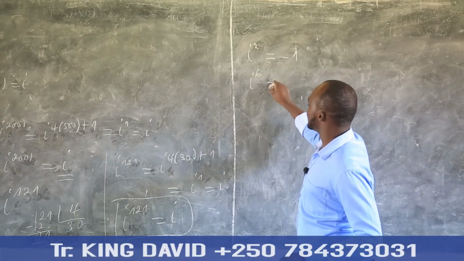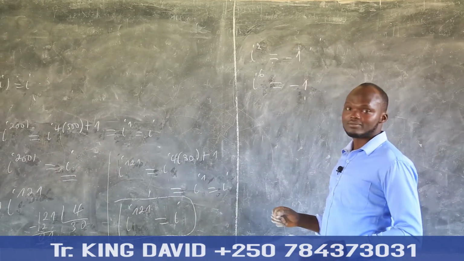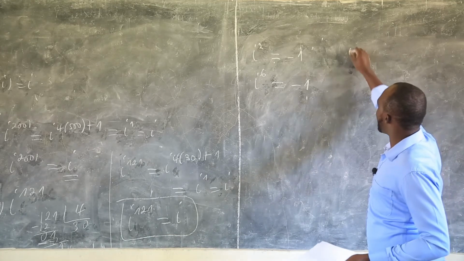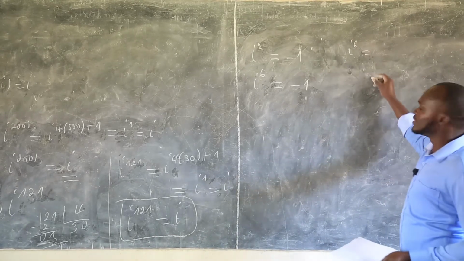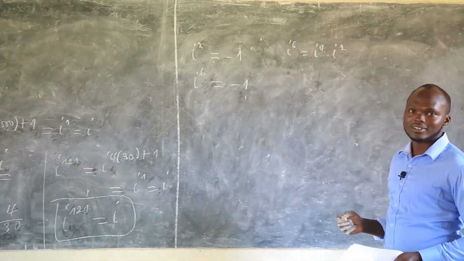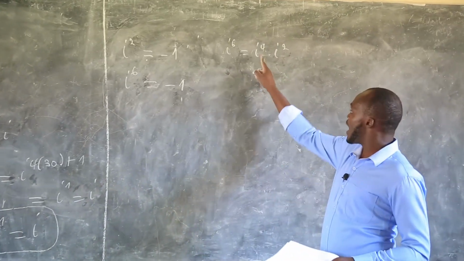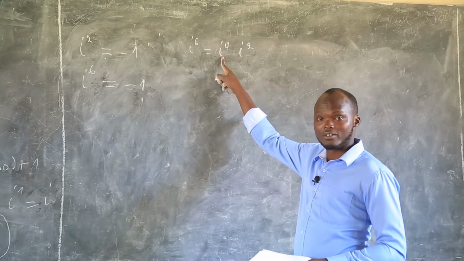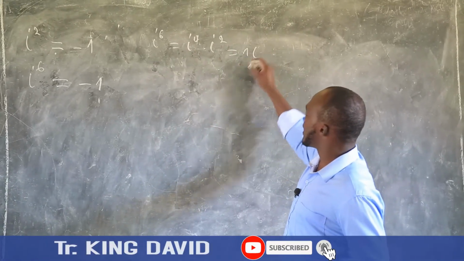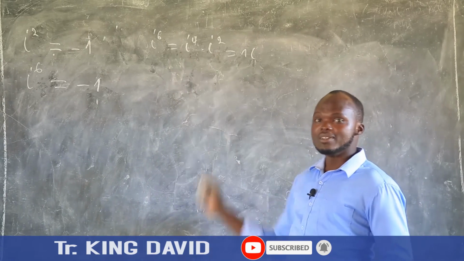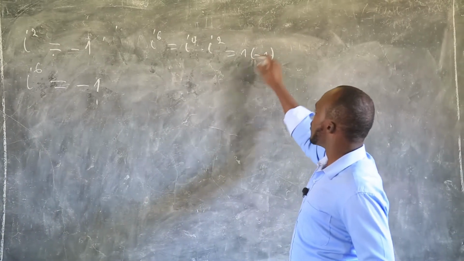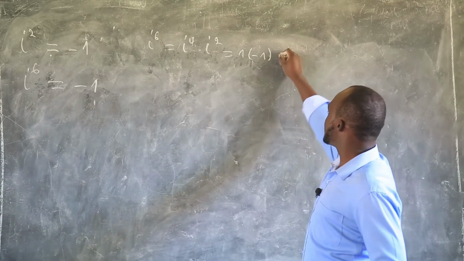Also it is negative 1. So how is i^6 negative 1? i^6 is the same as i^4 times i^2. I think you remember that i^4 is 1. So this is 1 times i^2. Do you remember that i squared is negative 1? Yes, i squared is negative 1. So 1 times negative 1, the answer is negative 1.